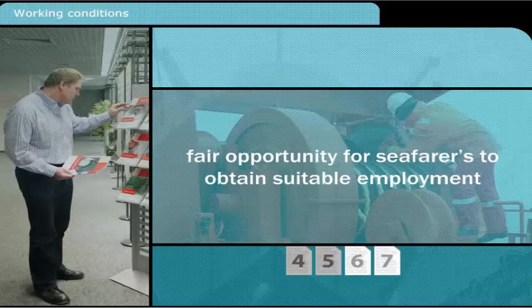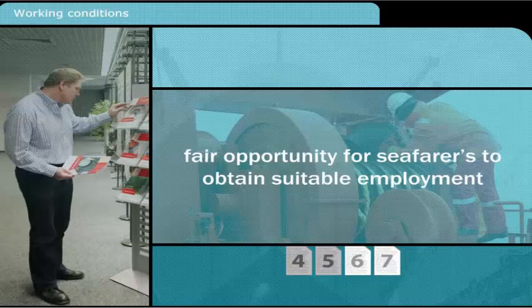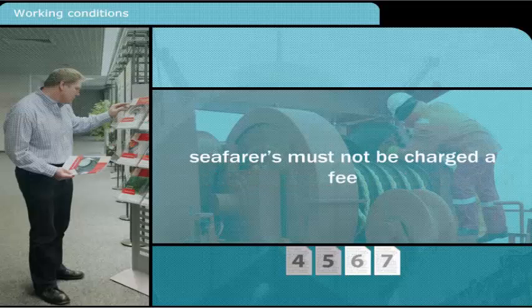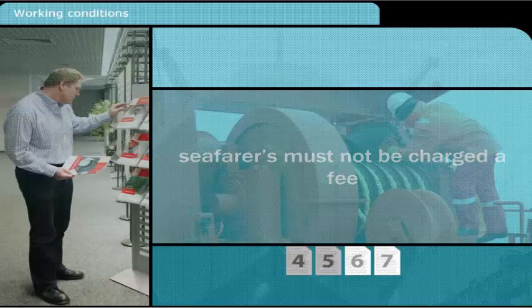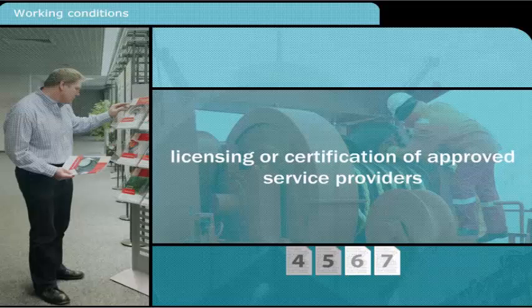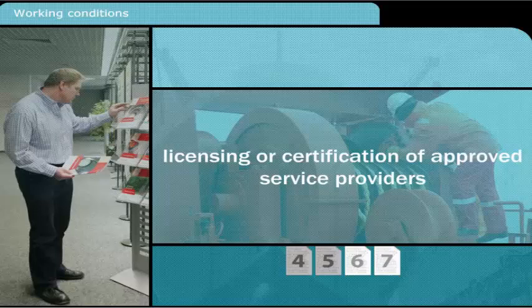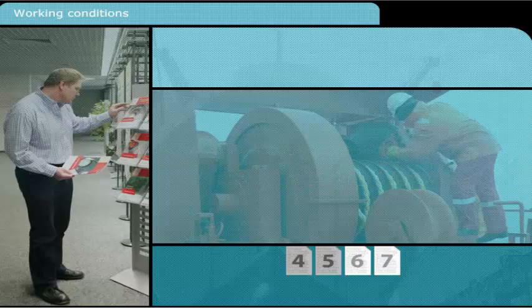These services must provide fair opportunity for seafarers to obtain suitable employment corresponding to their qualifications and experience. A key requirement is that seafarers must not be charged a fee by these services for securing employment. In achieving the requirements of this regulation, it will be necessary for member states to set up some form of licensing or certification system of approved service providers.